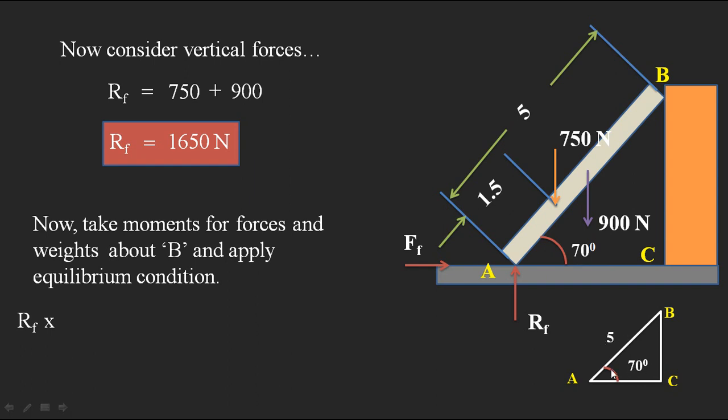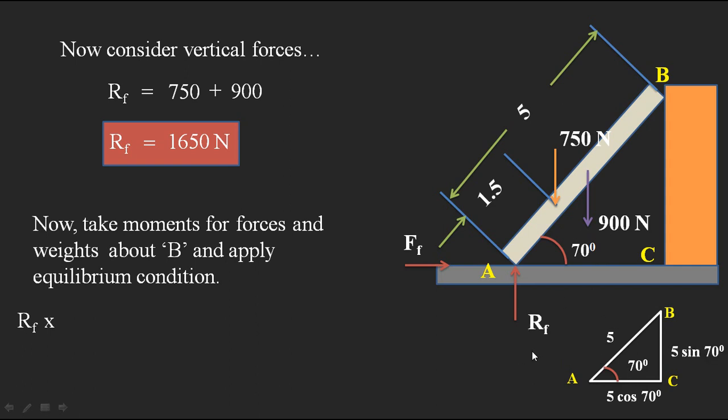So AC we can write as 5 cos 70 degrees. Why? Because cos theta is equal to adjacent by hypotenuse, so adjacent is equal to 5 into cos theta, just like resolving the forces. So by the right angle triangle, AC is 5 cos 70, and similarly BC is 5 sin 70.